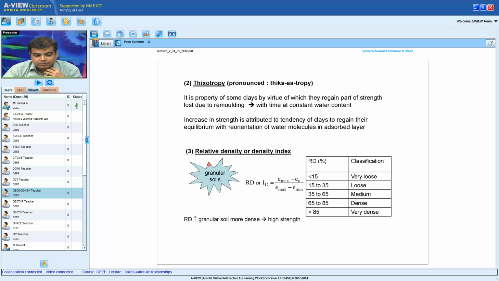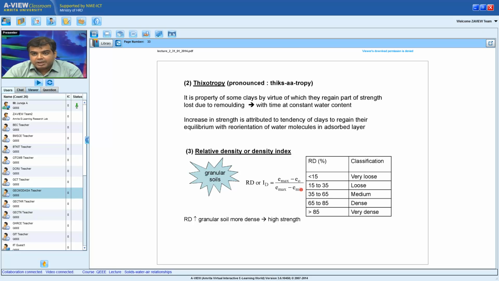The next one is called relative density. It's more important for granular soils. Again, it's a ratio of the maximum void ratio you measure in the laboratory, meaning the void ratio in the loosest state, minus the in situ void ratio at site, divided by the difference between the maximum void ratio and the minimum void ratio.